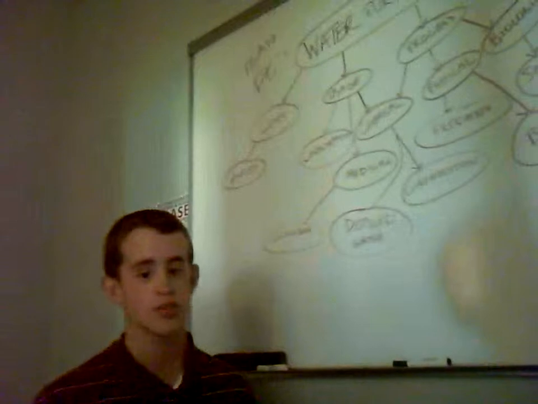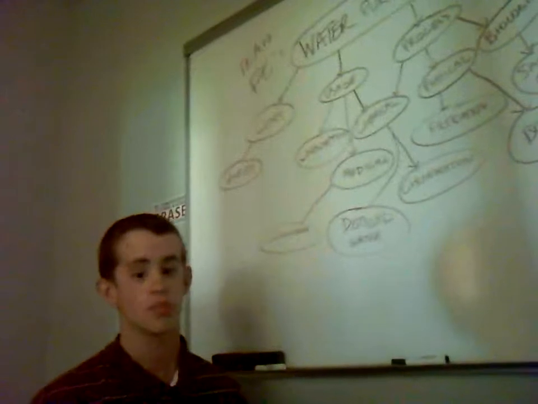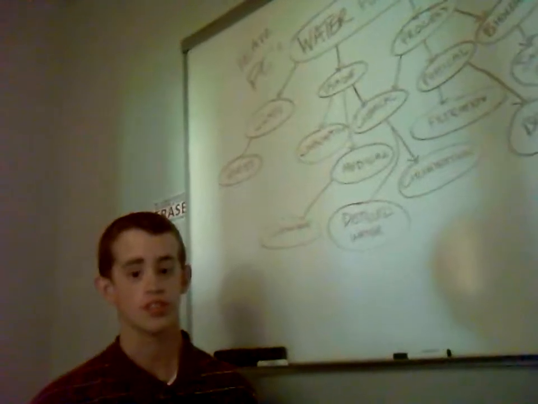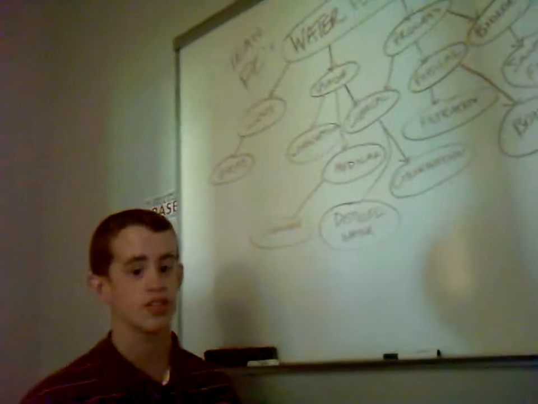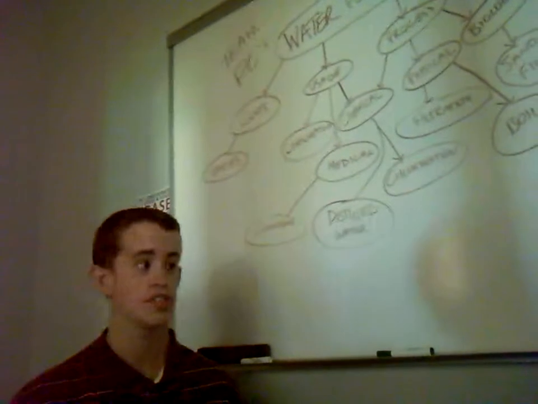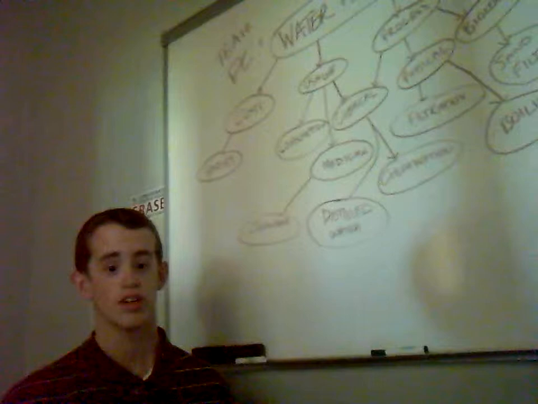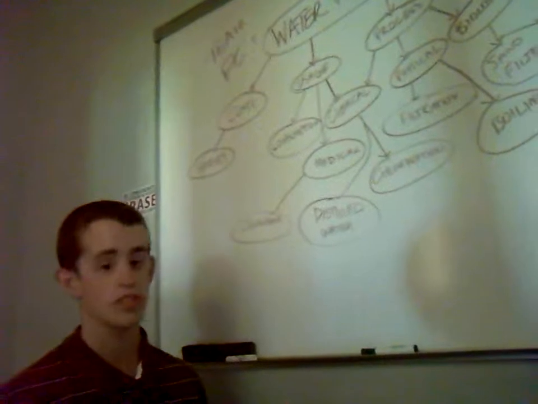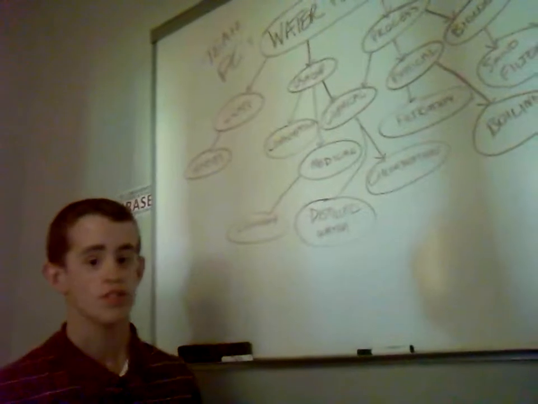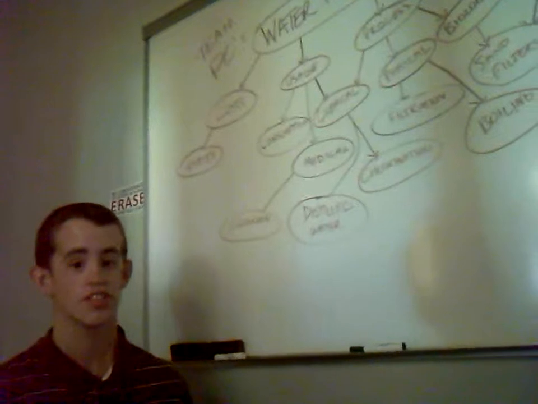And also, the cost can vary for purification systems, whether it's based on personal use for just a few people, or whether it's on a large-scale use, such as in a city or business or something like that. So this has been our presentation on concept maps and the water purification system.